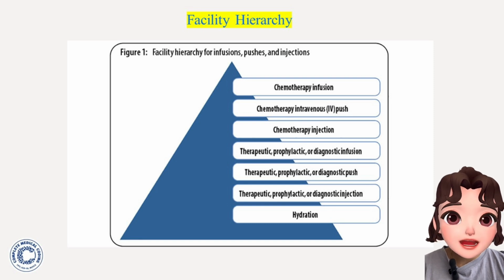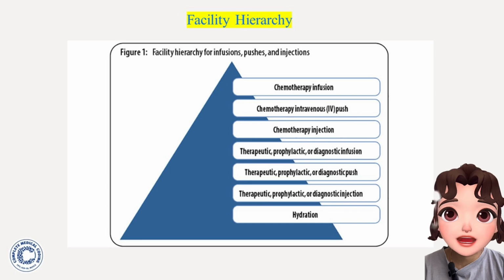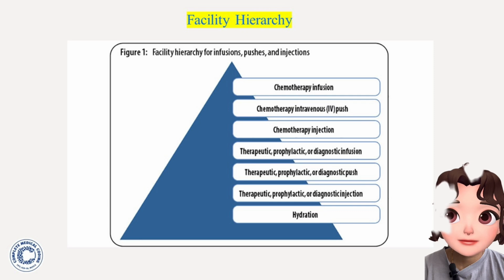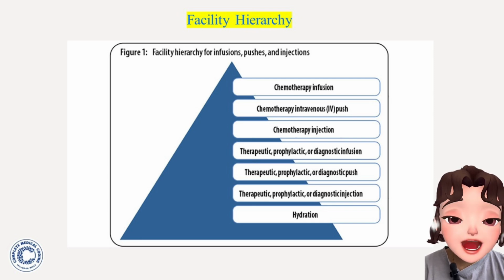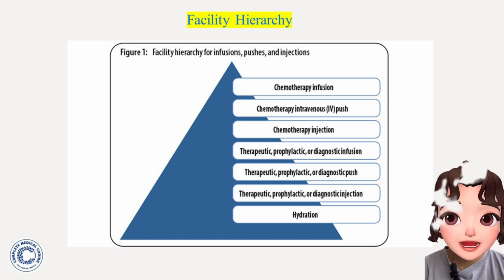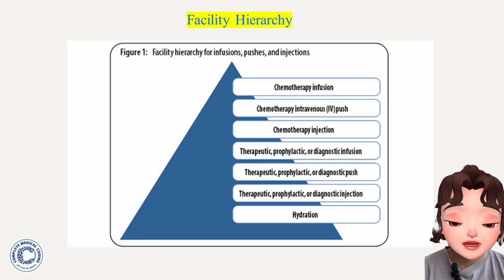First is the facility hierarchy. What is facility hierarchy? It is the order of steps for infusions, pushes and injections. For chemotherapy, if you are coding chemo infusions, you have to code first the chemotherapy infusion, followed by chemotherapy IV push, and then lastly chemotherapy injection.